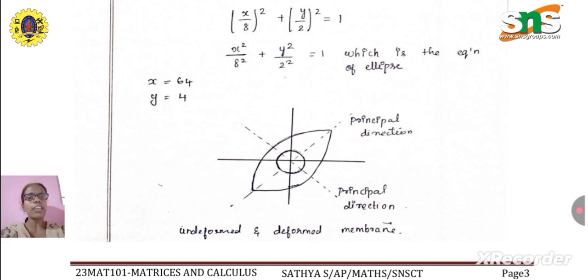Then we need to make use of the polar coordinates, x as r cos theta, y as r sin theta. From that we are going to get the equation of how it is deformed. So here the matrix is going to form the ellipse. That is the conclusion we get from this problem. Thank you.